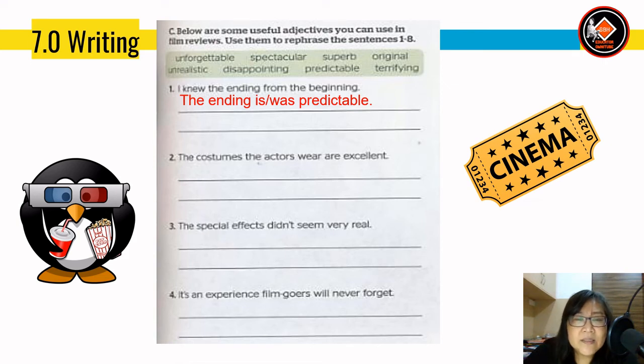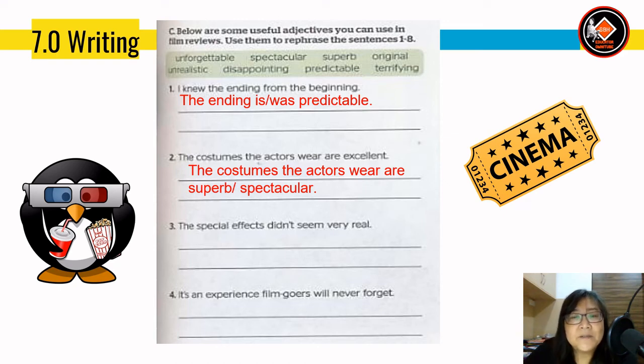Number 2, the costumes the actors wear are excellent. So your sentence: the costumes the actors wear are superb, or the costumes the actors wear are spectacular. Number 3, the special effects didn't seem very real. So your sentence: the special effects were unrealistic, or the special effects are unrealistic.